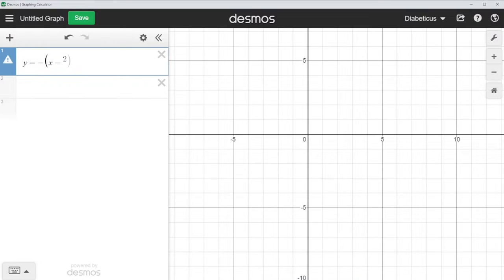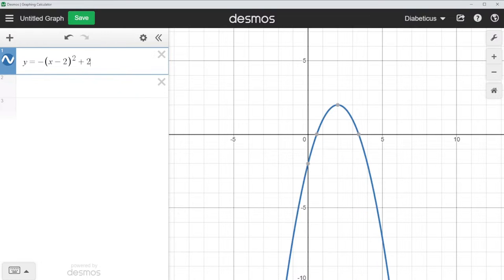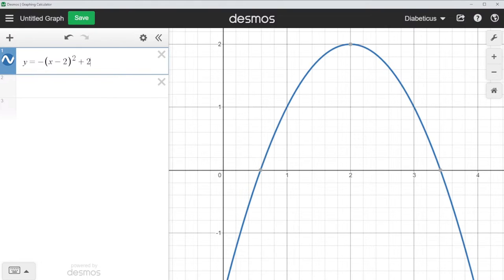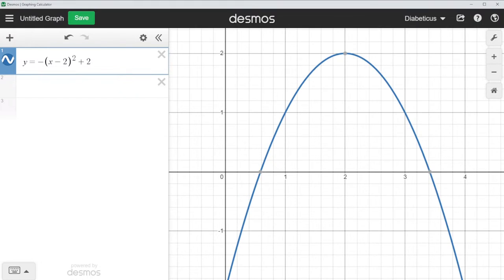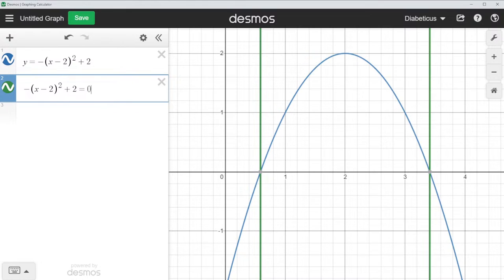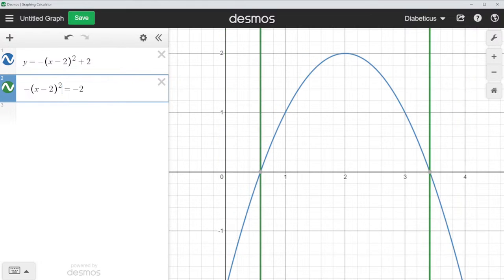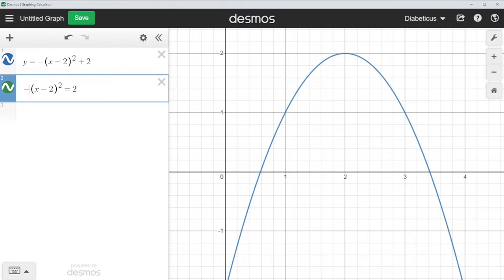Let me move this a little bit. I want it to corner on 0. What is 0.586? Yeah, hold on. 0.586.